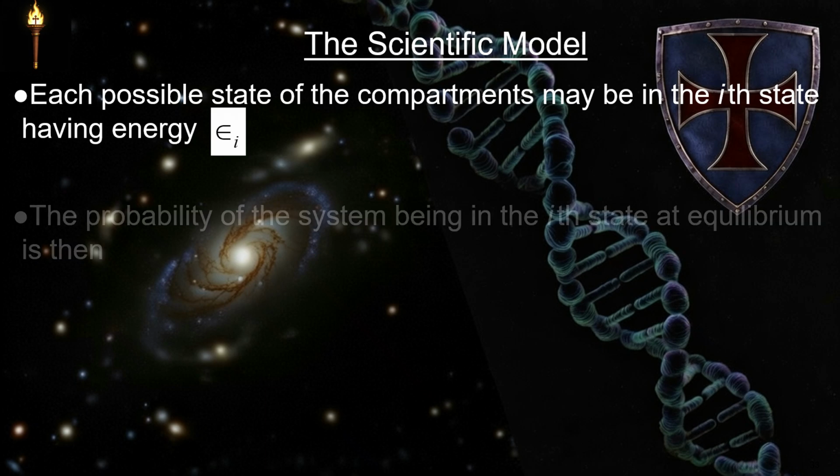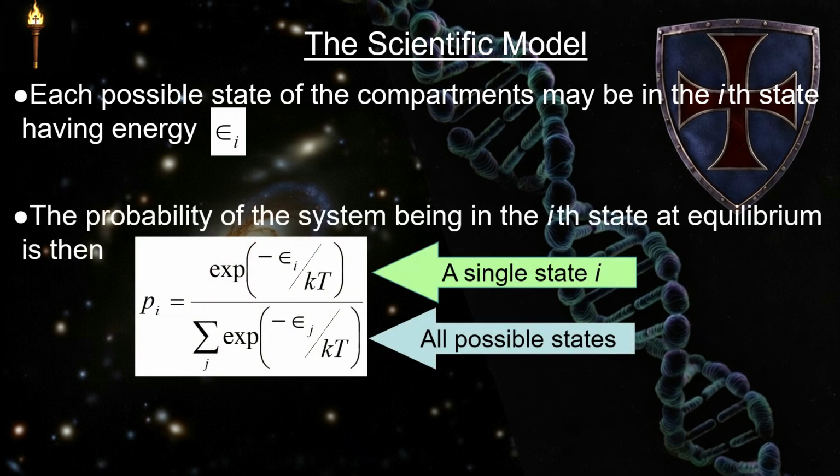And the probability of the system being in that i state at equilibrium is then this equation. What it's saying is the probability of being in state i, that's the top of the equation, divided by the probability of all states. This is similar to picking the green ball out of a bag of red balls.